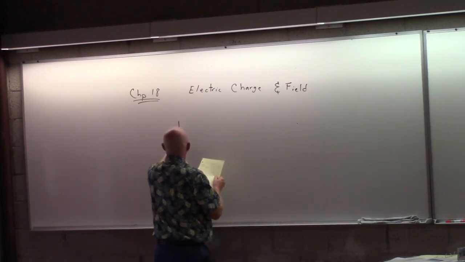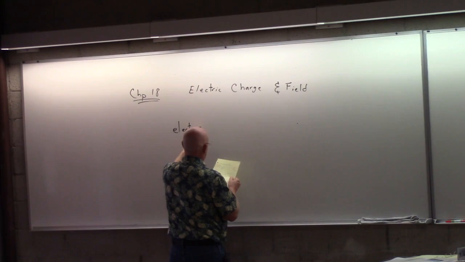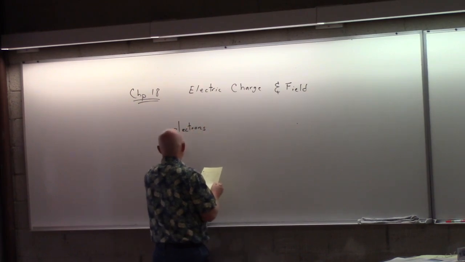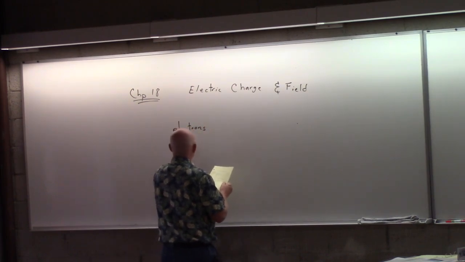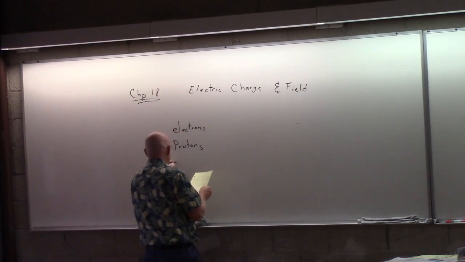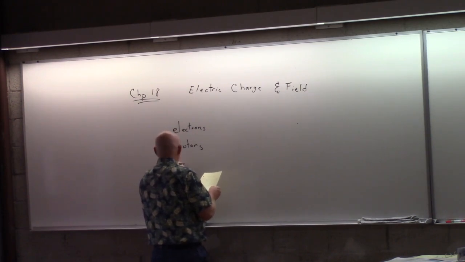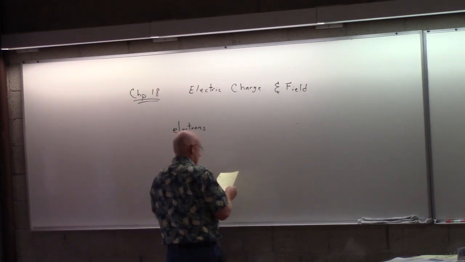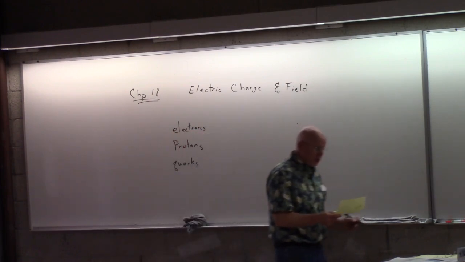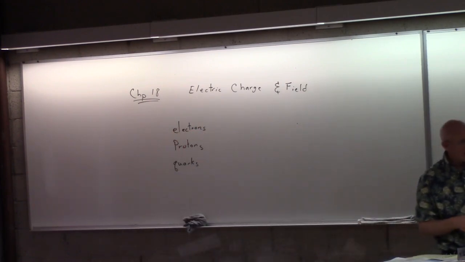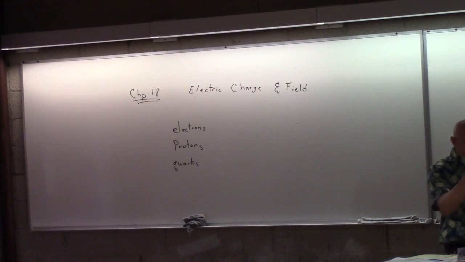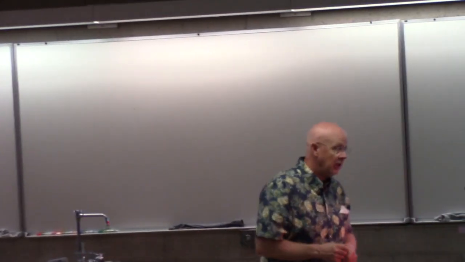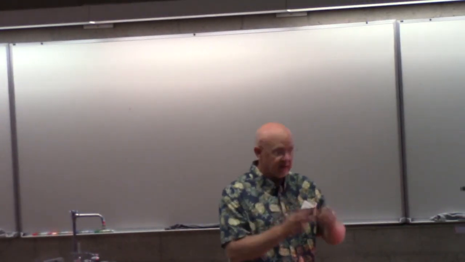And to really understand what's going on, you got to kind of dive deep into a microscopic level. And to do that, we have to review some science that we haven't covered together, but I think you've covered it in high school or middle school, and that's the structure of the atom.